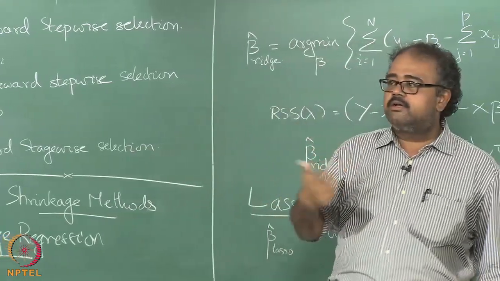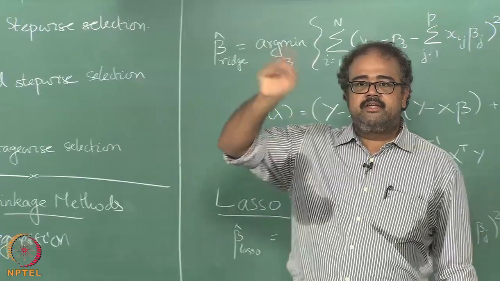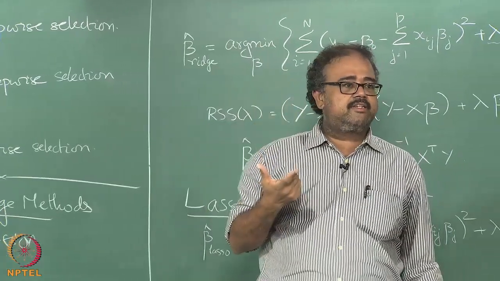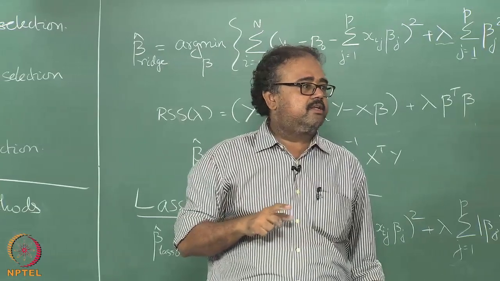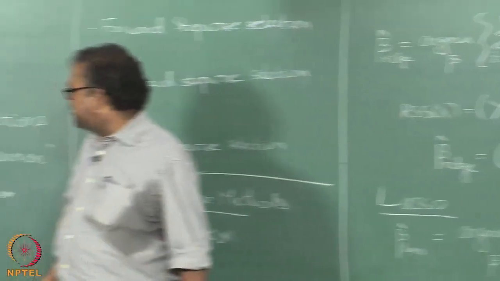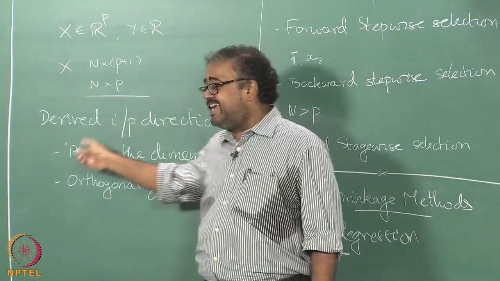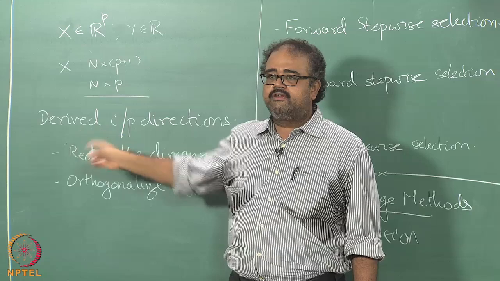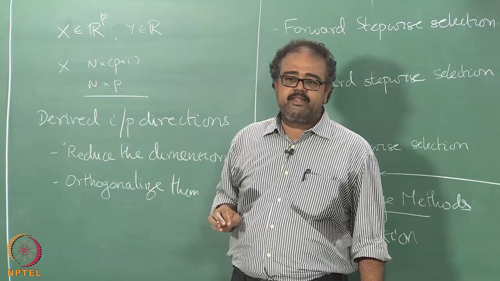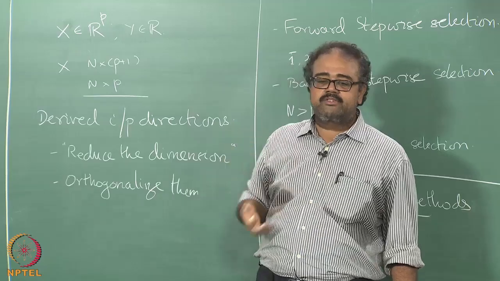We do not have to actually do a multivariate regression, because once I orthogonalize the directions they do not interfere with one another. So typically when I try to do derived input directions, I try to orthogonalize the directions, and I also try to find a reduced set of dimensions that will give me the original fit or as close to the original fit as possible.